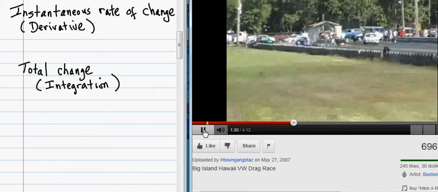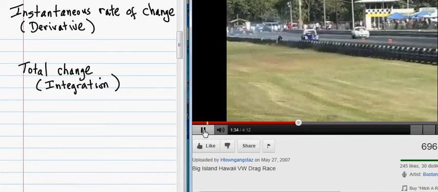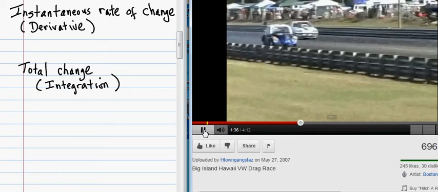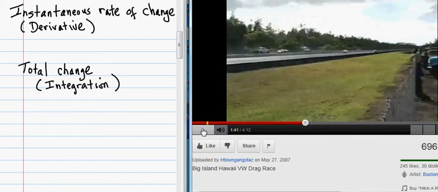And it's interesting that it's a Volkswagen here, closest to us. Okay. So you saw that it accelerated throughout and was going very fast at the end.